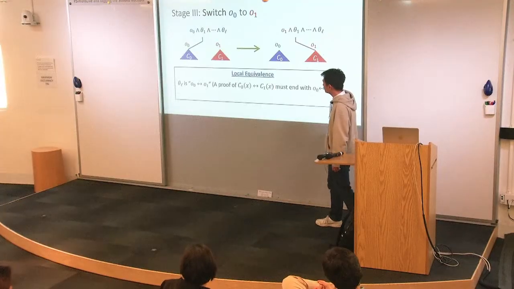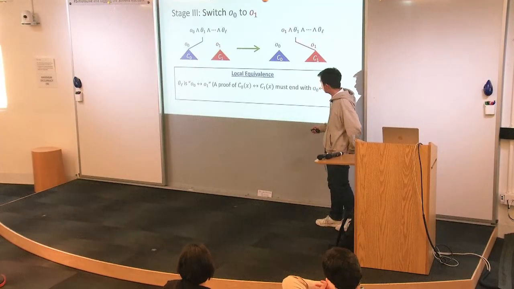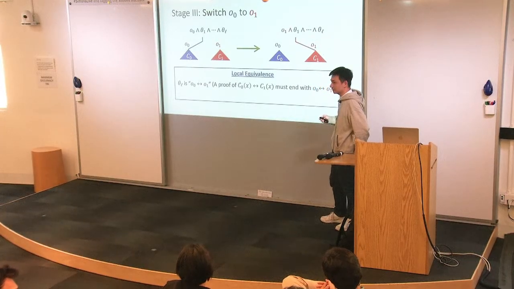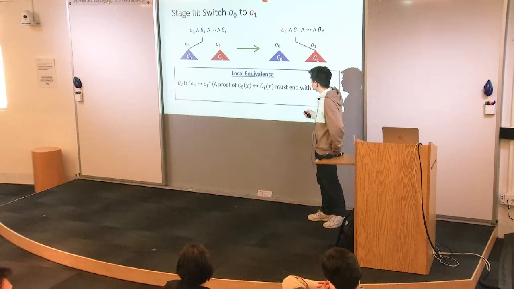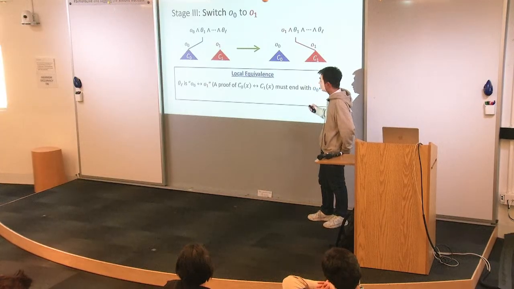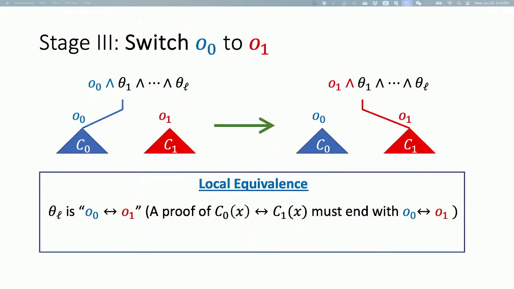Yeah. So once you add all the proof lines in your padded circuit, then you can switch the output of the entire circuit from C0 to the output of C1. And this is because the last line, theta L, in the proof must say something like the output of C0 is the same as the output of C1.